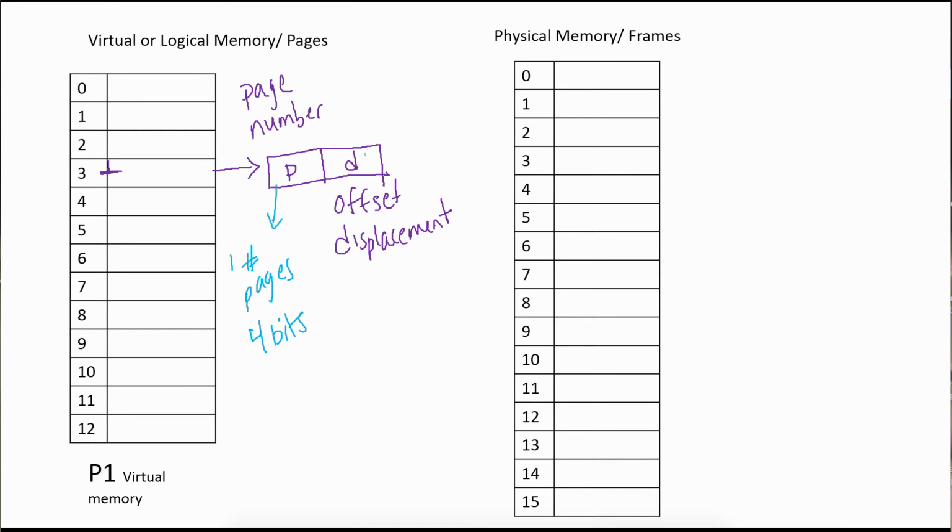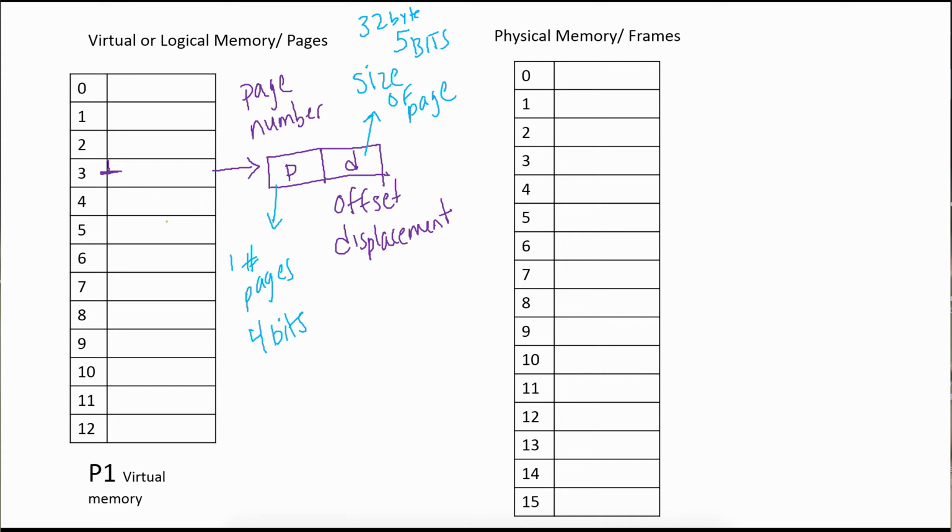And the number of bits used for the displacement, or the offset, is the size of the page. So you could just say our pages are 32 bytes, just to make things simple. Then you would need 5 bits for your 32 byte pages. And I'm going to show a little bit more of that in the next slide.